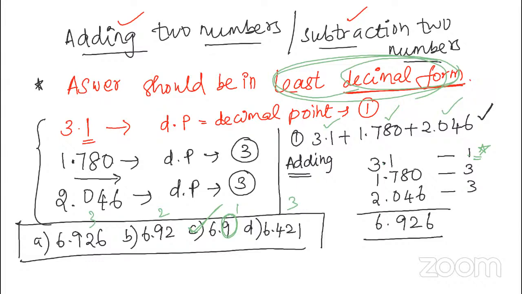Next one, subtraction. Subtraction also has the same condition, that is, the answer should be in least decimal form. So let us see one problem for subtraction.